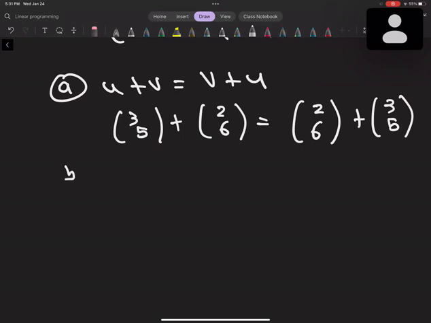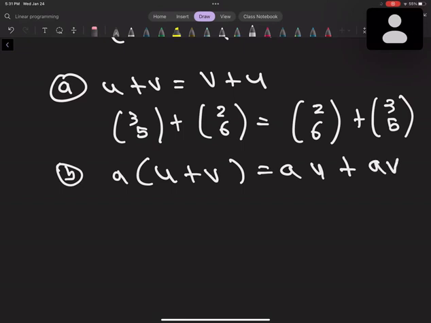But the other one is a little bit more interesting. A times U plus B equals AU plus AB. So this is a big difference between writing mathematics and reading mathematics.